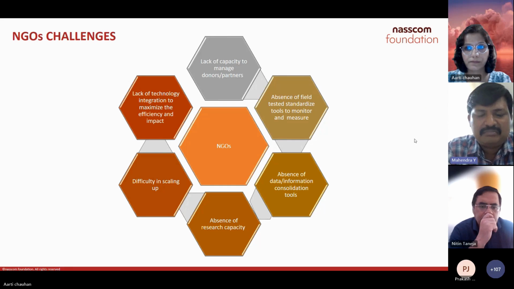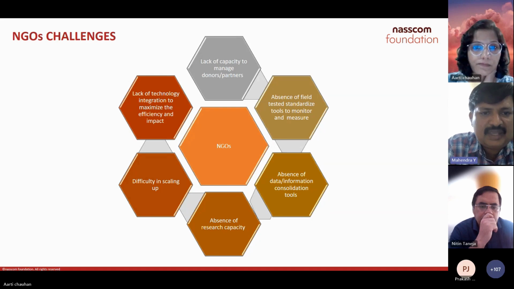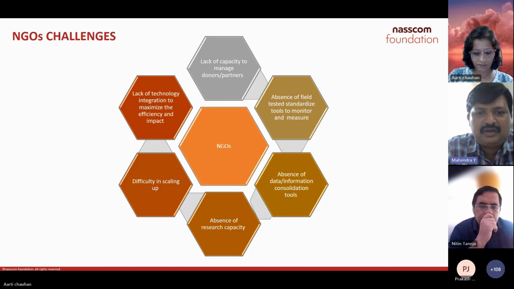Primarily, we see a lot of challenges evolving around this. Some NGOs say that they lack capacity to manage their donors and partners, and some say that they don't have standard testing tools to measure and monitor the performance of the projects and programs which they are running.